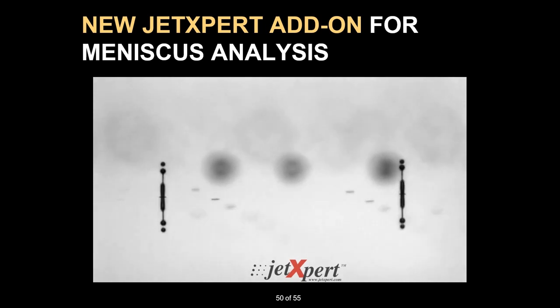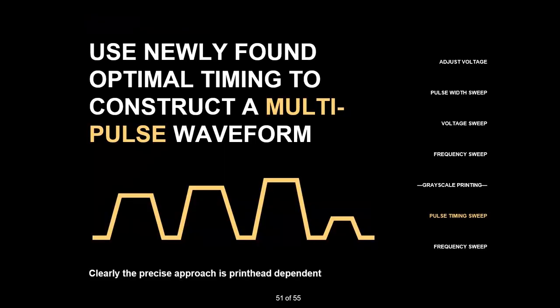So we've created all our pulses, and we've got this newly found optimal timing. As long as we keep all of our pulse spacing consistent with that same acoustic time, our waveform will look pretty good. Obviously, each print head has its own nuances, so the precise approach is going to be print head dependent.